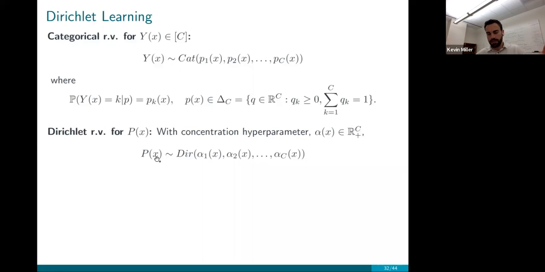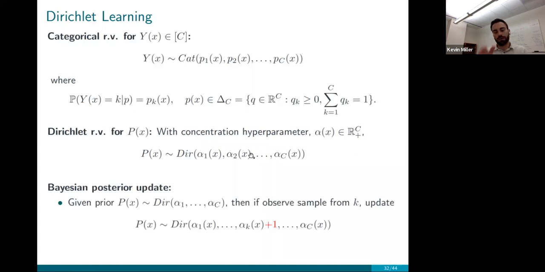So our belief about P of x, which influences the classification of x, is determined by these concentration hyperparameters. The nice thing about this is that with properties of Bayesian conjugacy of these Dirichlet random variables, if we observe a sample from a category K, then it just corresponds to a simple update of the concentration hyperparameter that then is the update to the posterior belief about your probabilities in the random vector P of x.